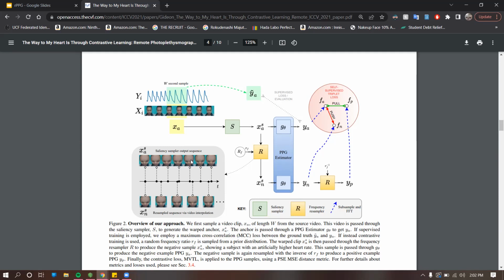Mm-hmm. So what is XAS? They said this generates a warped anchor. I see the video seems to be distorted as compared to the original input. So why do they do this saliency sampler and generate this kind of distorted version of the input, XAS?